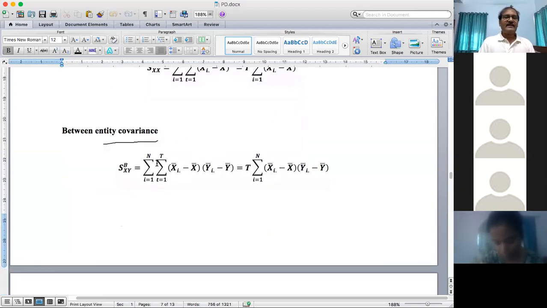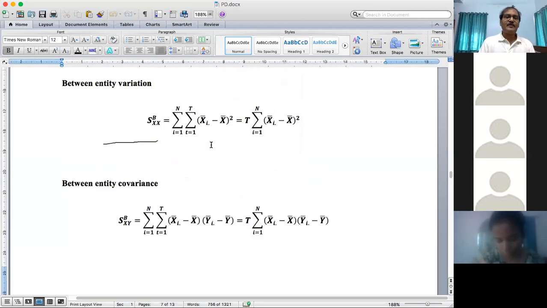Similarly, we can calculate the between group covariance. So how to get between group variance or between group covariance? In that case, your variable will be the within group mean value, and this mean value will vary across the cross-section units. So x bar i dot, and you have to take a deviation from the overall mean x bar.